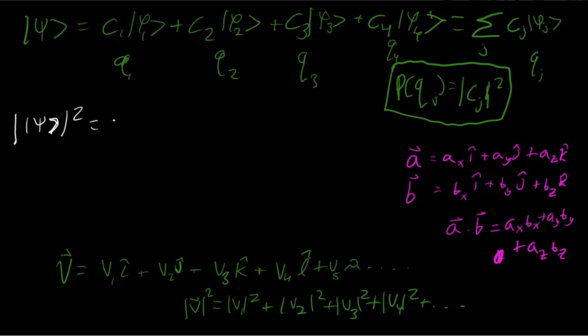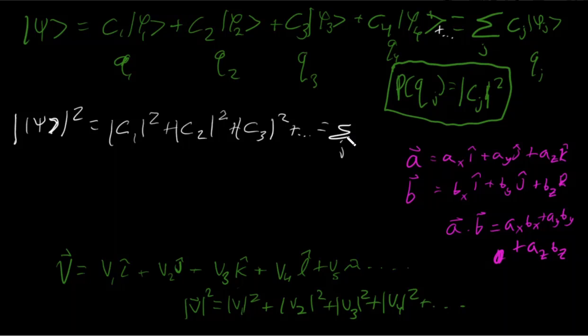Oh, and I forgot right here, this is a plus dot dot dot. Hopefully you caught that. So this is C1 norm squared plus C2 norm squared plus C3 norm squared plus dot dot dot. This is equal to the sum over all possible values of j.